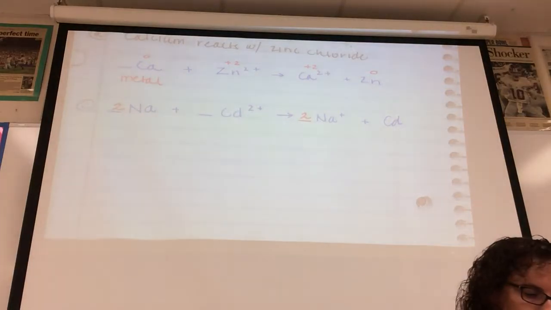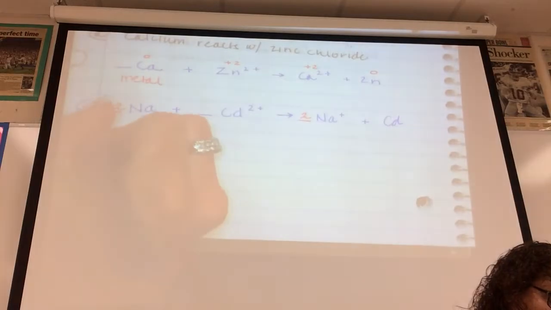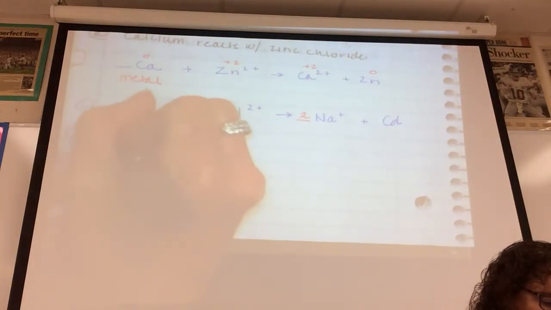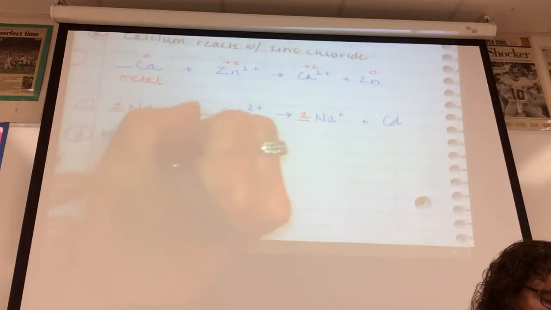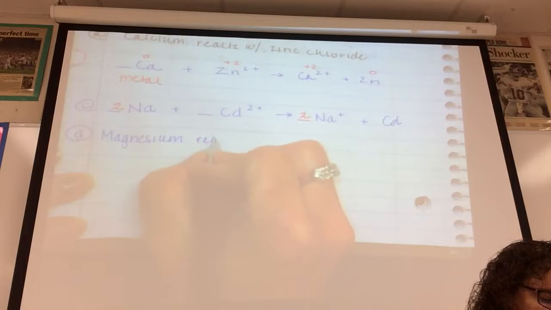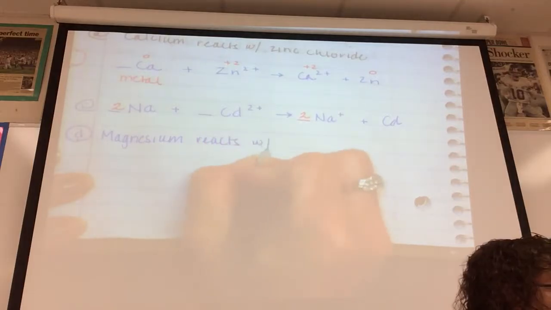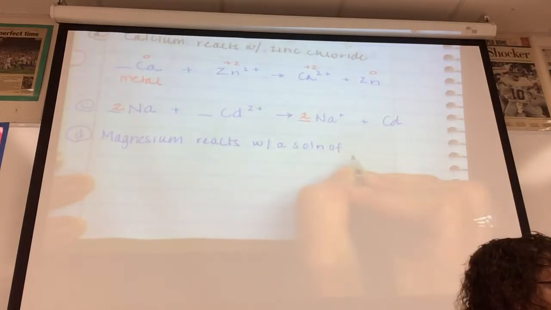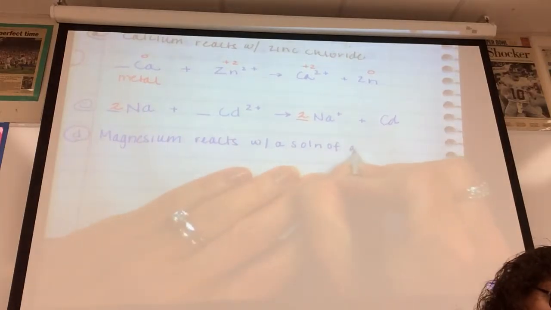I would like you to try D. You are picking up on this very quickly, which is a great sign. We have magnesium reacts with a solution of aluminum chloride.